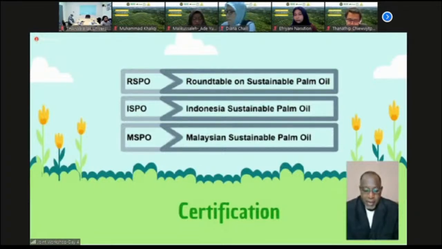Indonesia and Malaysia have their certification bodies called ISPO, Indonesian Sustainable Palm Oil, and MSPO, Malaysian Sustainable Palm Oil.